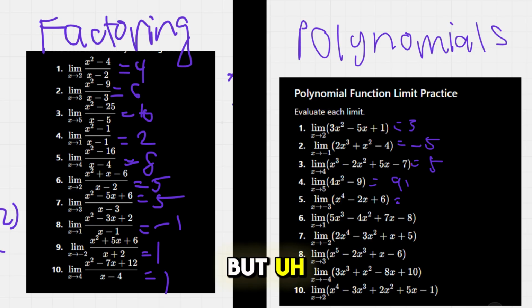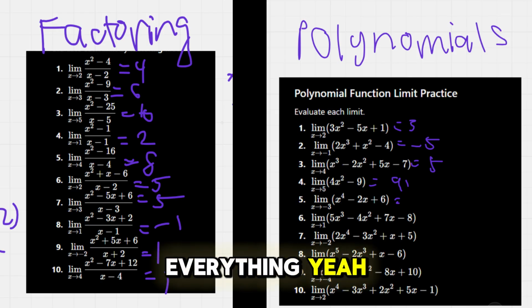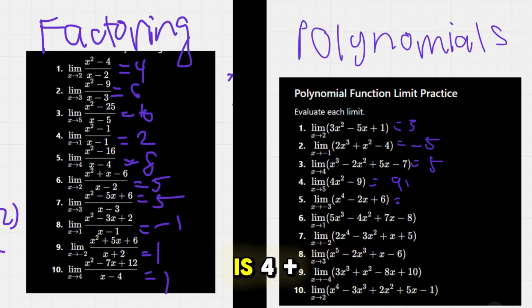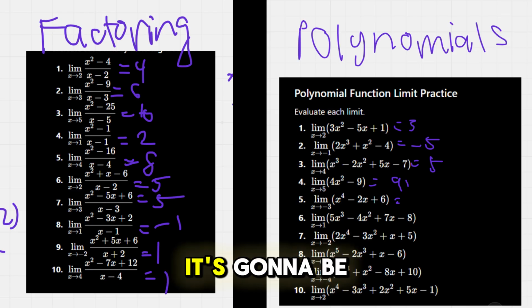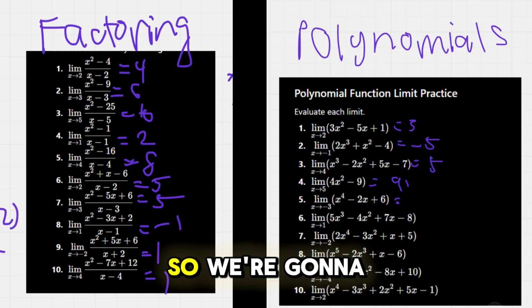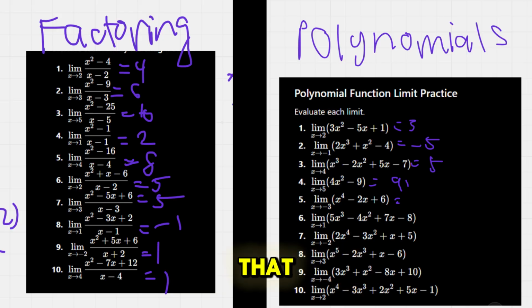But let's just evaluate everything. 2 squared plus 2 minus 6. 2 squared is 4, plus 2 is 6. 6 minus 6 is 0. 2 minus 2 is 0. So it's 0 over 0, and we're going to have to factor that.